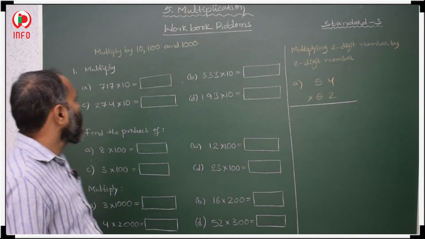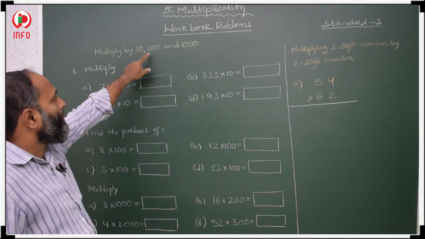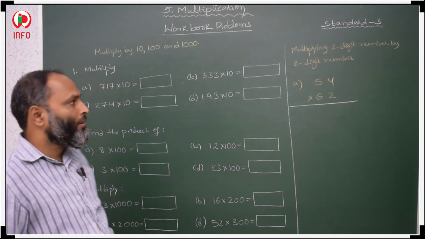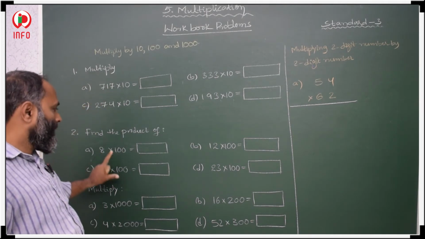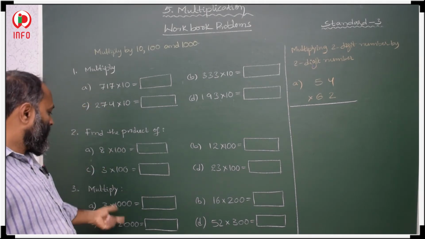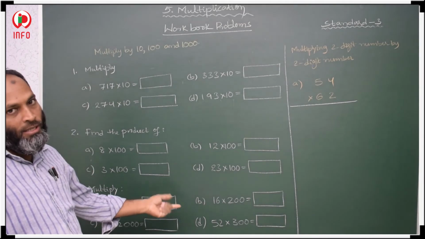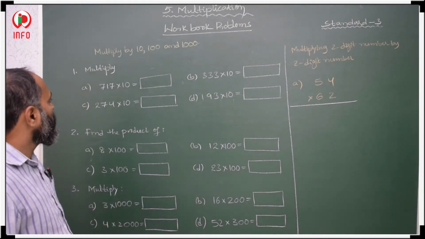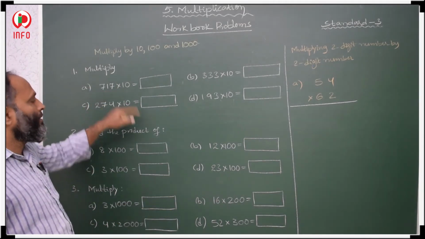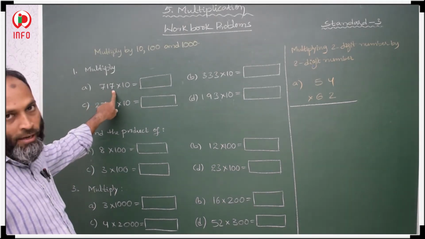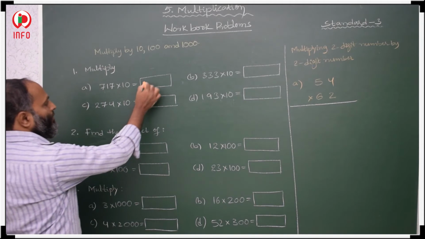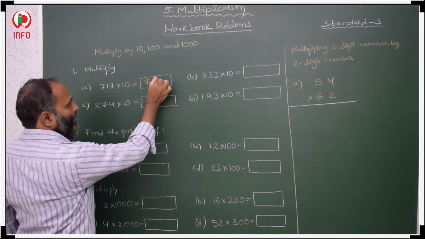Yes, now students, multiply by 10, 100 and 1000. Now multiply with tens in the first bit, hundreds in the second bit, and the combination of hundreds and tens in the third bit. Now see here, 717 is multiplied by 10. It means 717 tens. How to write 717 tens?